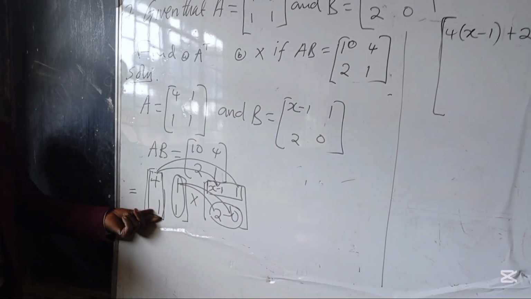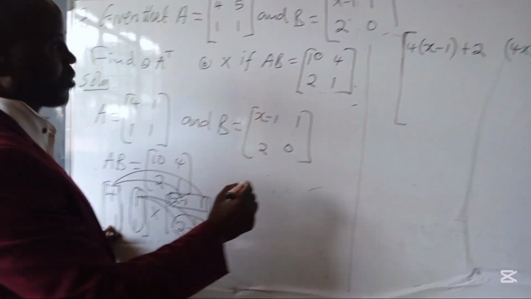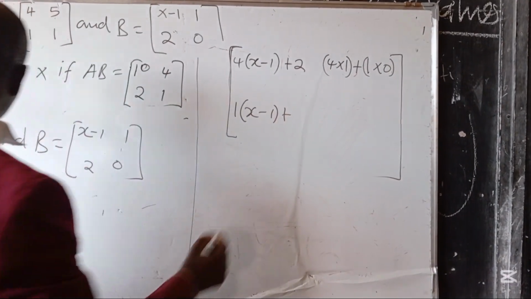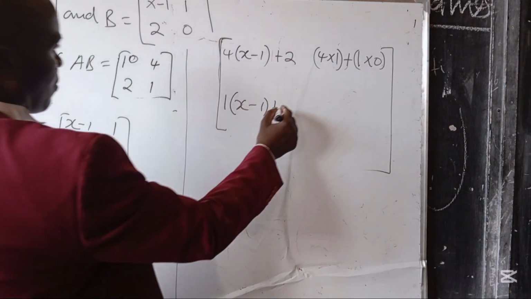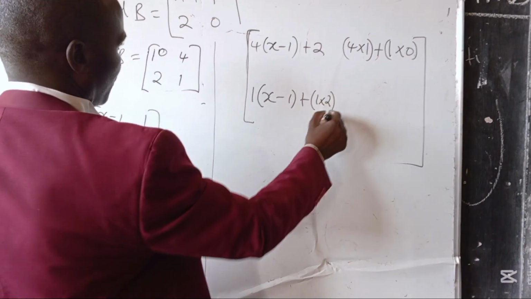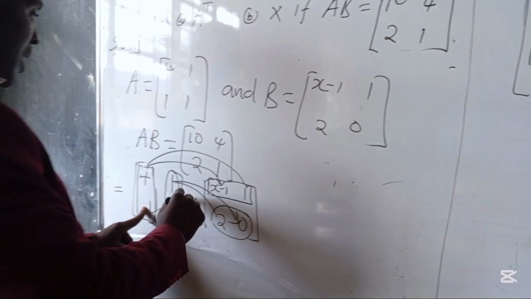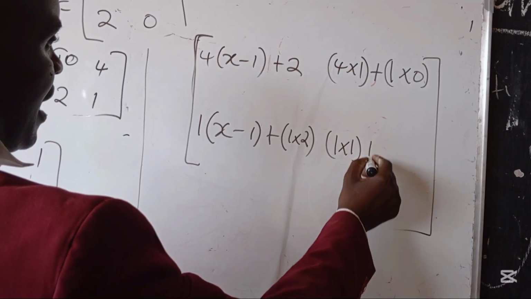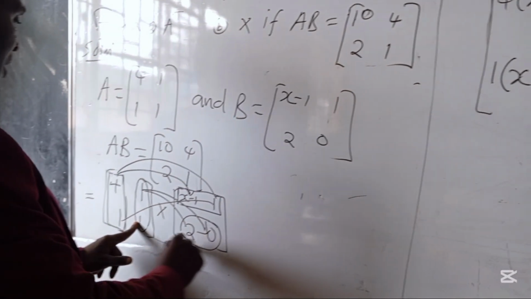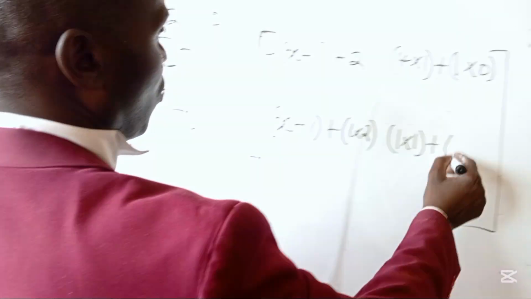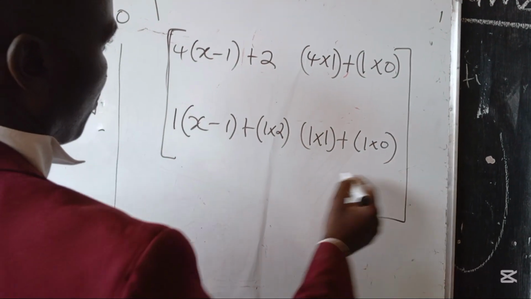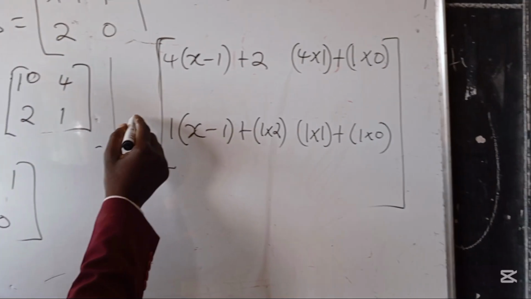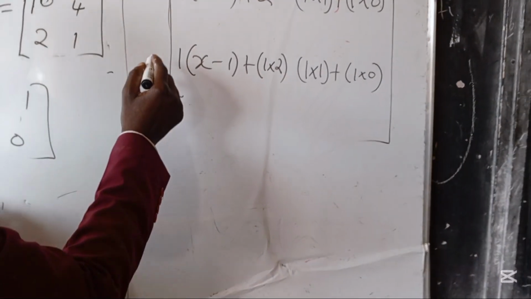I come to the bottom one. 1 times x minus 1 plus 1 times 2. Again, I have to show that 1 times 1 plus 1 times 0. I hope everyone was following what I was doing. From there, I have to be very careful.